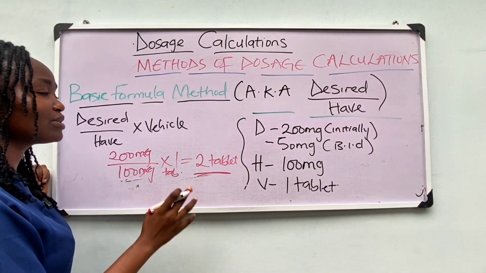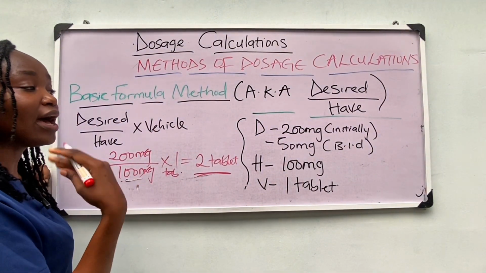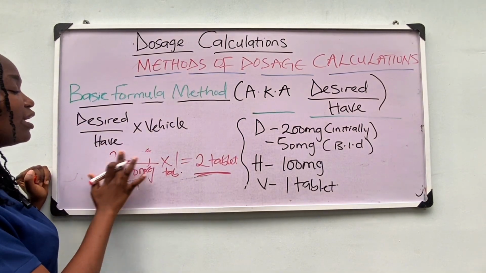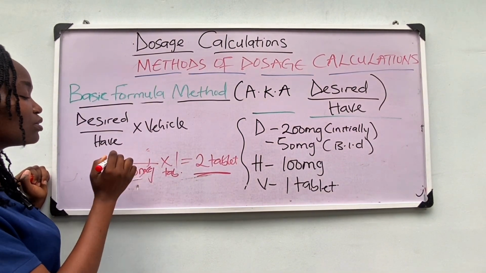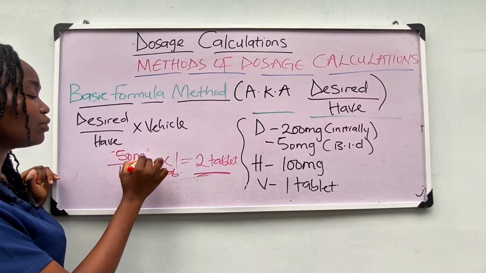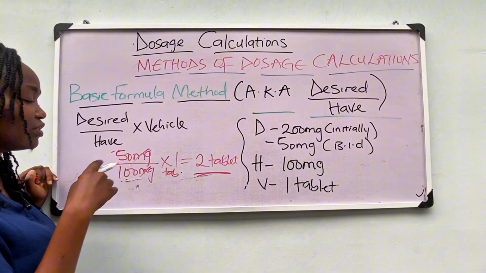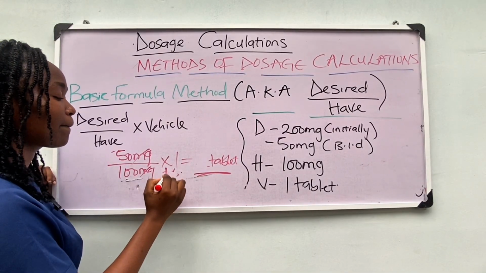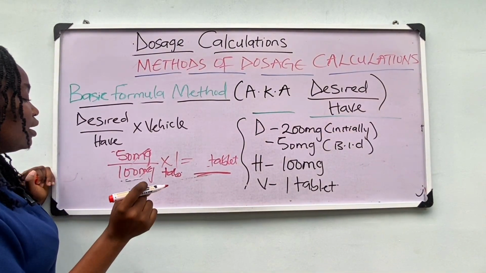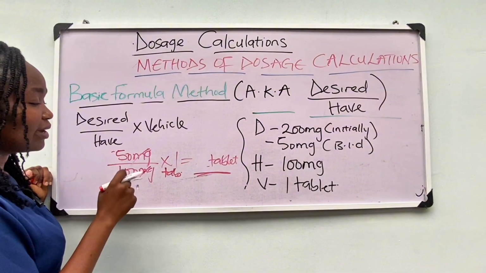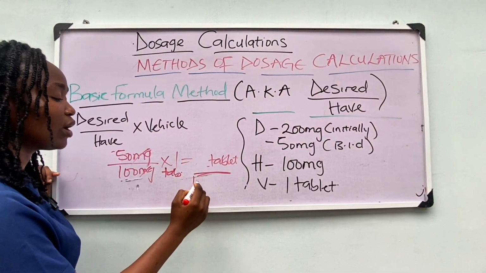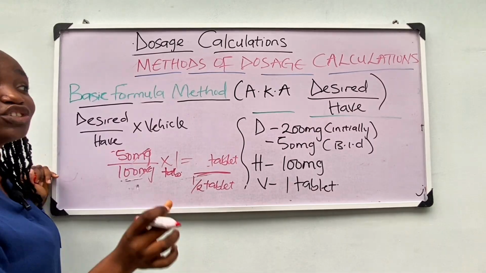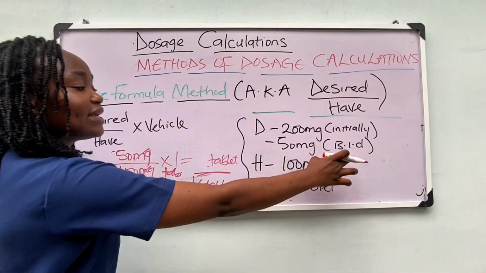Then how about after the initial dose? How many are we going to administer? It's very simple. We're just going to erase the 200 and make it 50 milligrams. Milligram will obviously still cancel milligram. Then we're going to have 50 divided by 100, which gives you 1 over 2 tablet. But remember that this drug is to be administered twice daily.